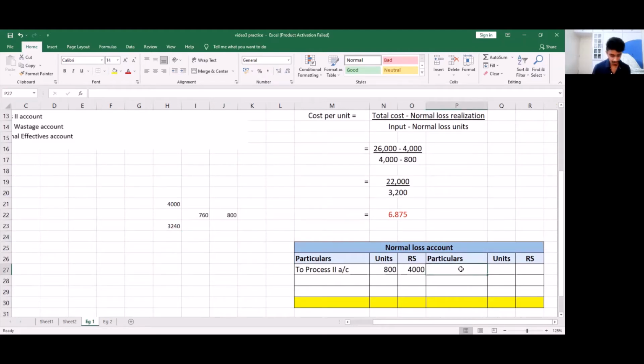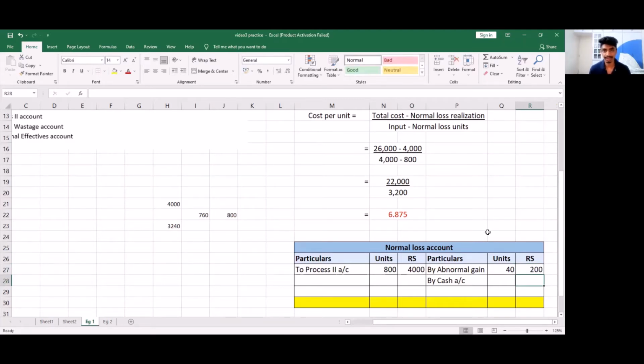On the credit side, we have By abnormal gain and By cash. By abnormal gain is going to be the 40 units. For these 40 units, we expected to get 5 rupees per unit, so 40 into 5, 200.